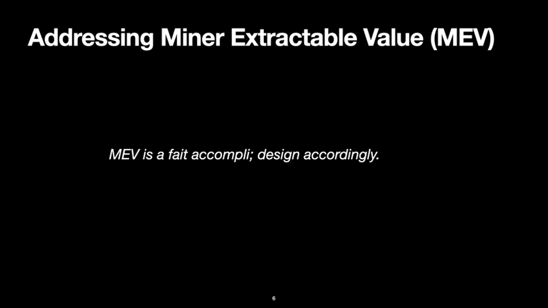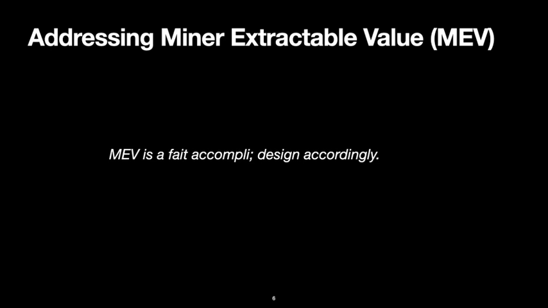Parasitic MEV is exactly what it sounds like, where all of the agents external to the sequencer experience a net negative, or at least the vast majority of them. It's a net negative due to the reordering of the transactions. And accretive is sort of the opposite.